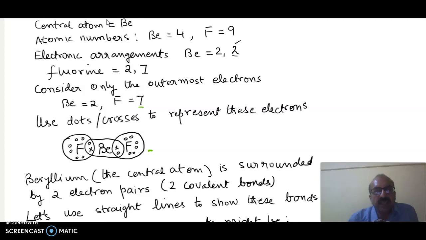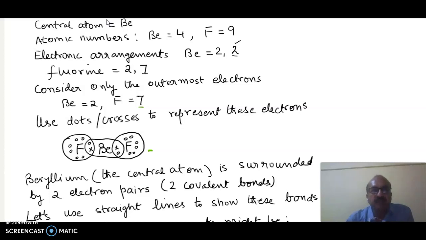Now let's see how many electron pairs surround the central atom. As you can see, beryllium is surrounded by 2 electron pairs. Now let us see how this knowledge can help us to predict the shape of the molecule.